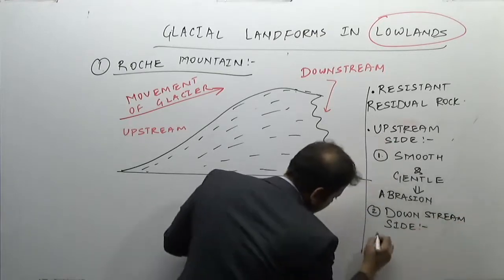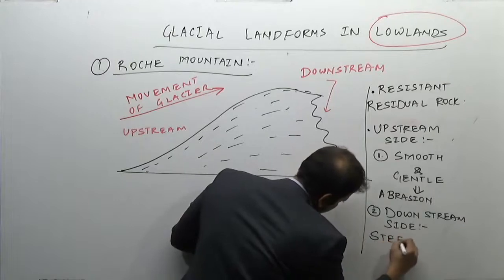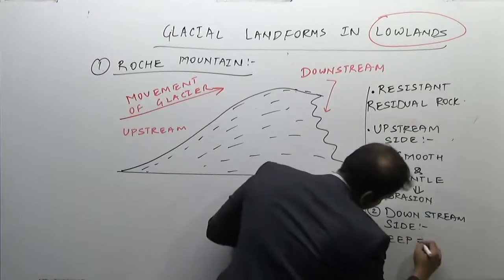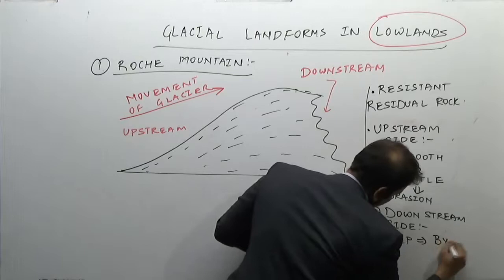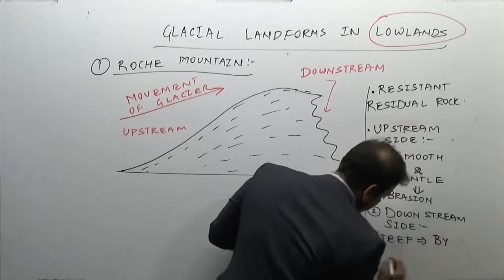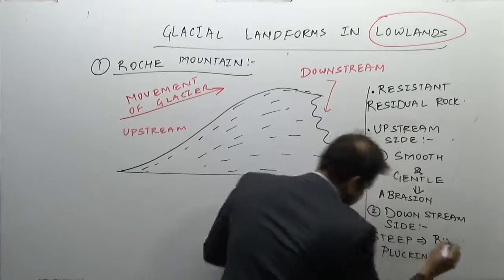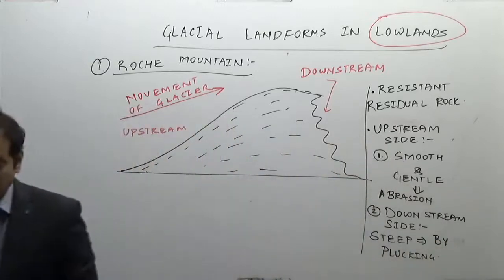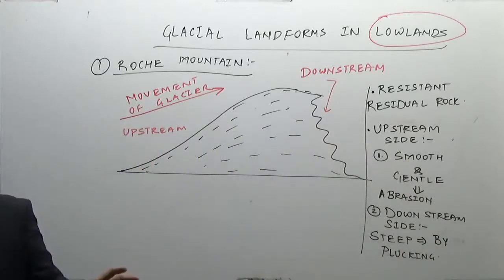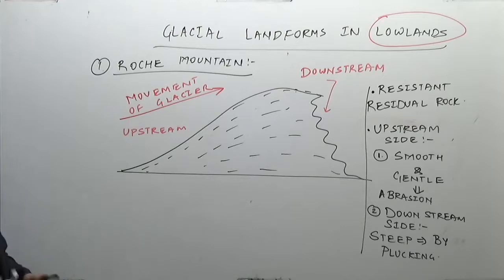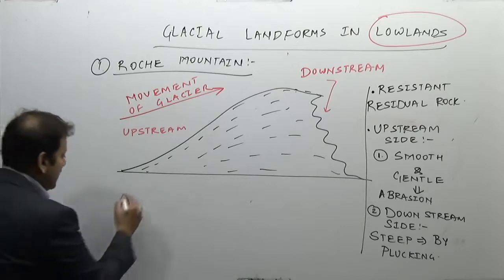It is steep. Why is it steep? Because of the process of plucking. By the process of plucking, the downstream side has been made very, very steep. Now, this entire surface is highly striated.